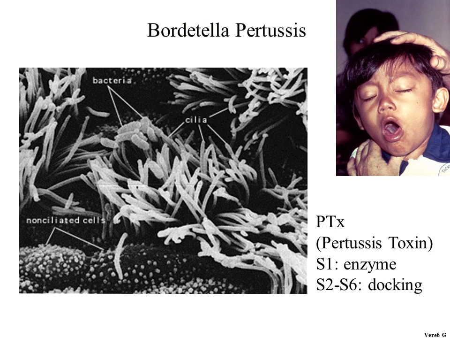So pertussis toxin is also an AB5 structure, and S1, which is the enzyme which has ADP ribosylase activity, as does the cholera toxin A subunit, and the pentameric S2 to S6, which dock on the surface of cells and then get internalized so that the toxin can work from the inside.